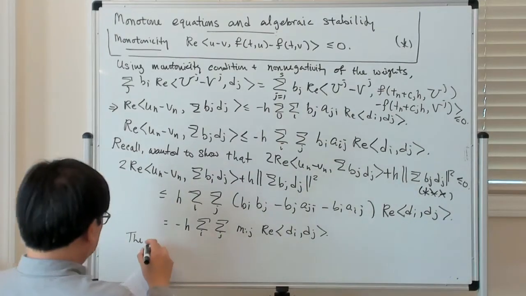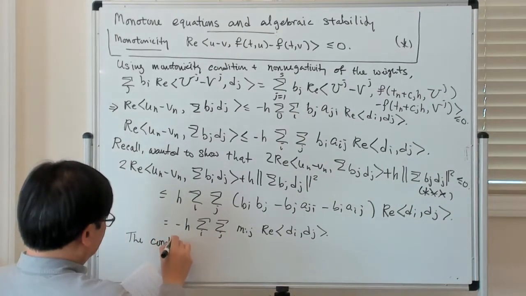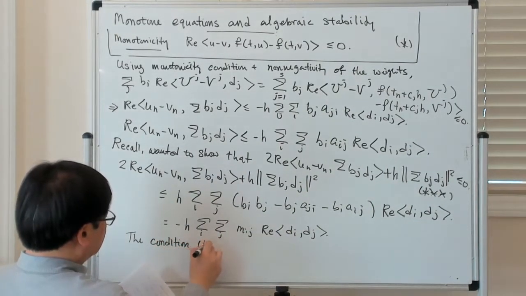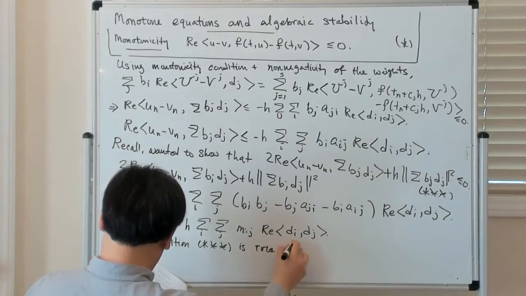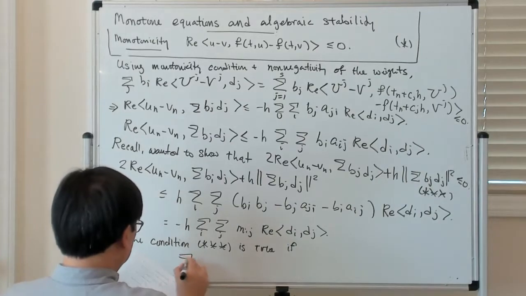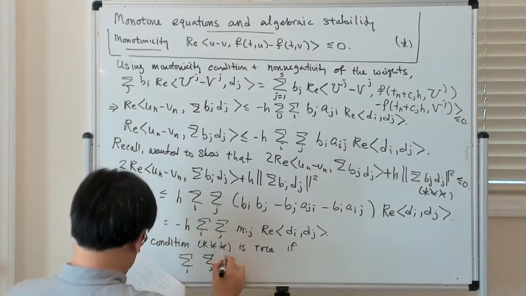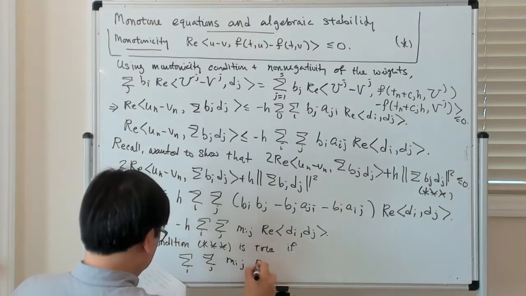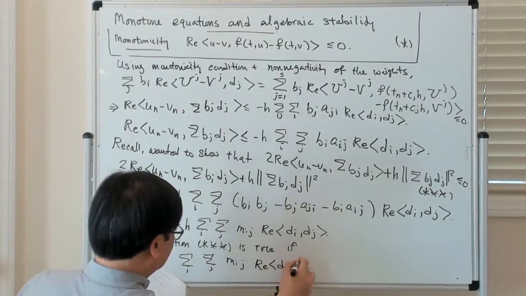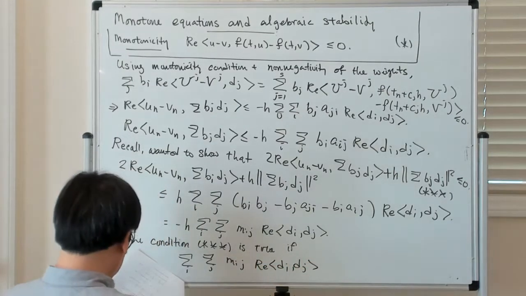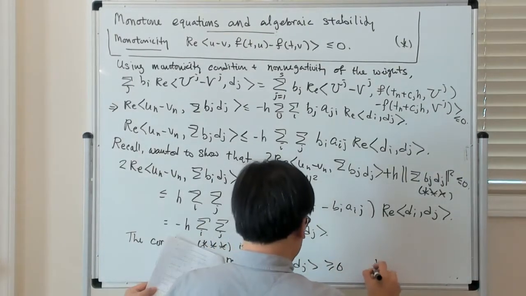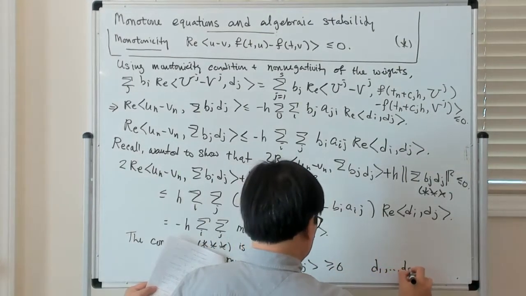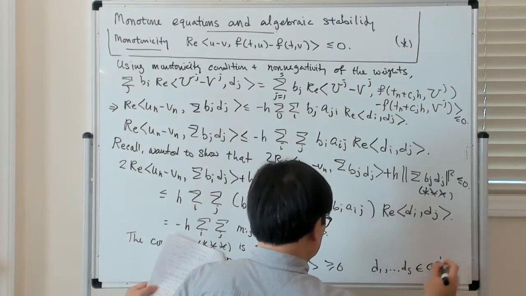Condition star star star is true if the sum over i, sum over j, m_ij, real part of the inner product of d_i and d_j is greater than or equal to 0 for all d_1 to d_s in C^D.